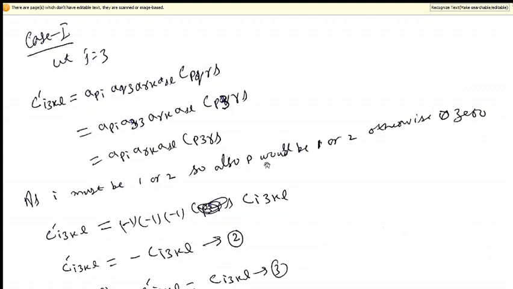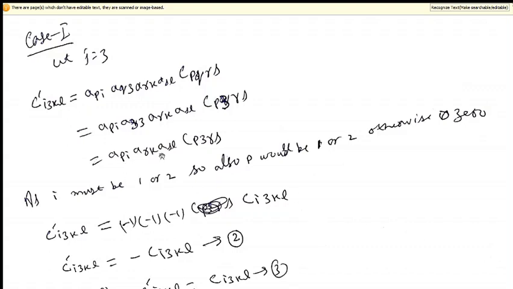So P could be 1 or 2. If I is 1, then P would also be 1. If it is 2, then again 0. So it can't be 3. If I is 1, then P is 1. If I is 2, then P is 2. All other terms will be equal to 0.